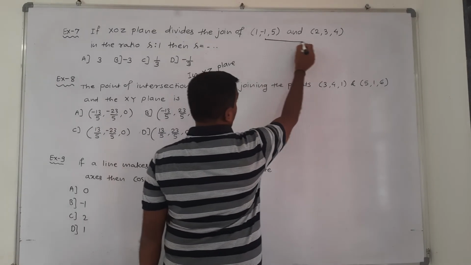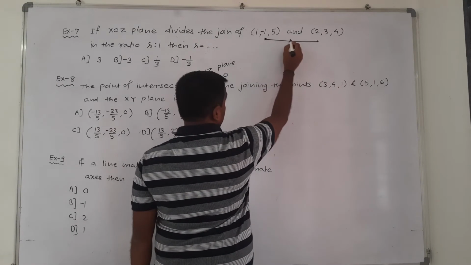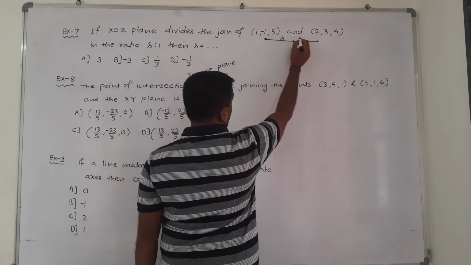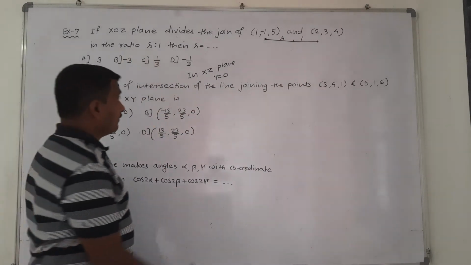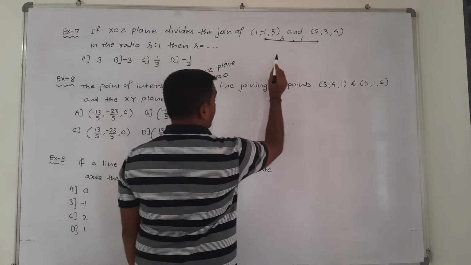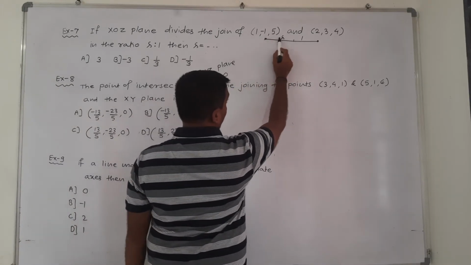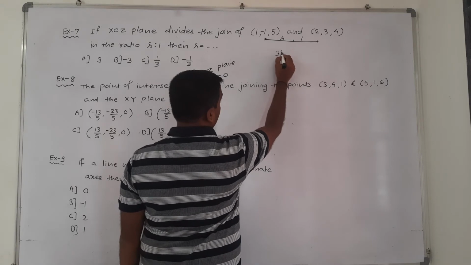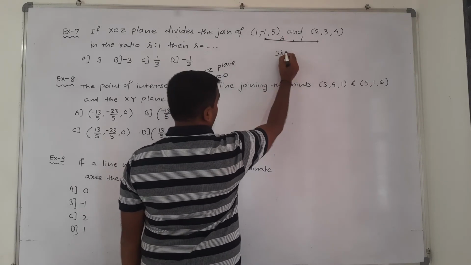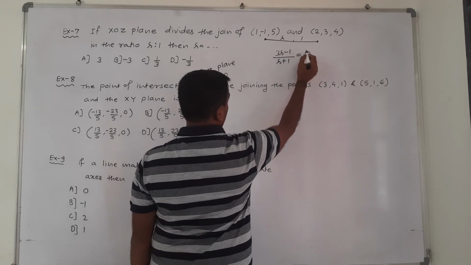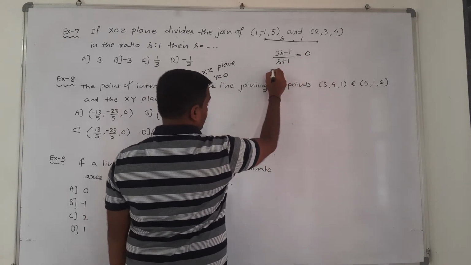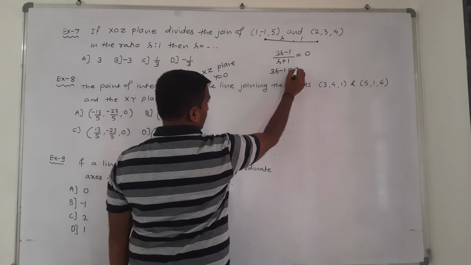Suppose this is the first point and this is the second point. The ratio is lambda to 1. Therefore y is equal to 0: lambda into 3 plus 1 into minus 1 upon lambda plus 1 is equal to 0. Denominator transferred, 3 lambda minus 1 is equal to 0.